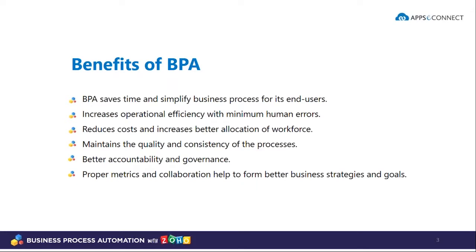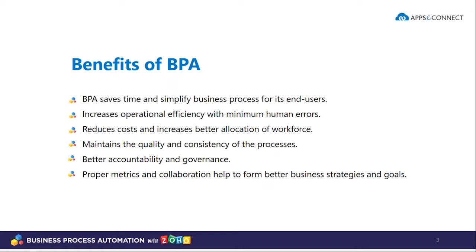Then it increases operational efficiency by minimizing human errors. Since human interactions are very few, the chances of human errors are really less. Then it reduces cost. Obviously, time is money. So if time is saved, it will reduce the cost and allow better allocation of workforce. If people are not engaged with monotonous, repetitive, mundane work in day-to-day life, they will be allocated to better works, to more intelligent works.